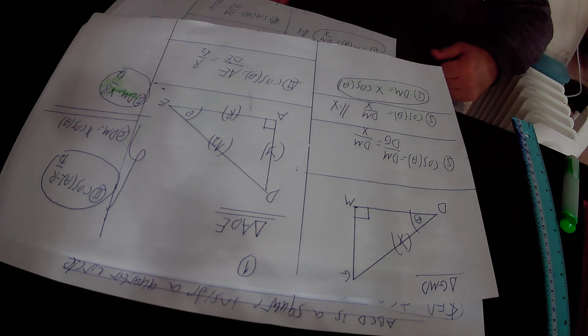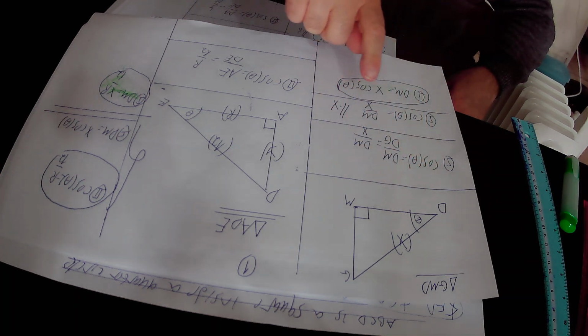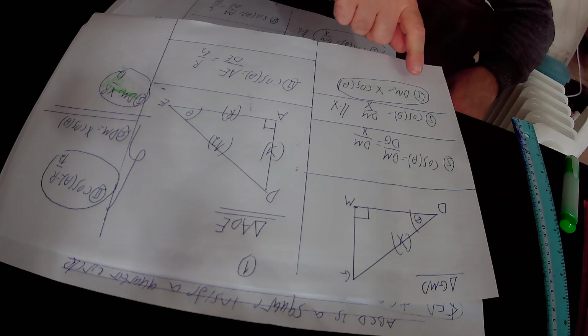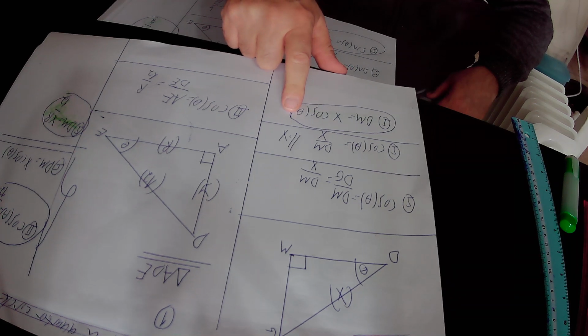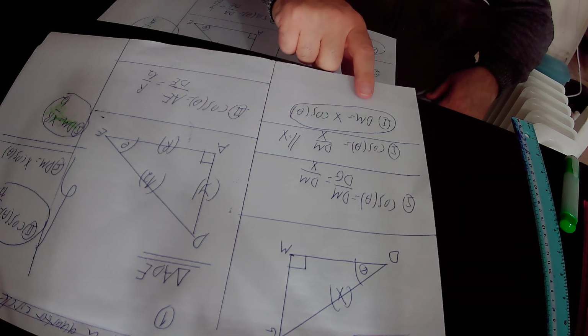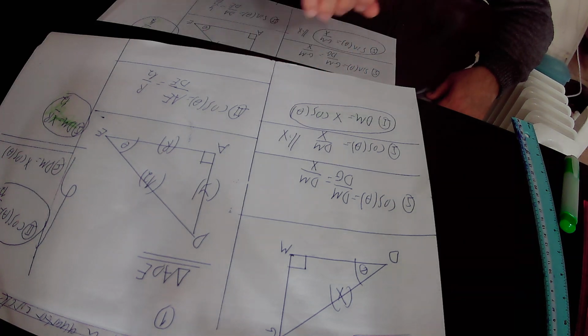DM is the missing side, so we leave it as it is, over DG. DG is x, therefore we substitute DG by x. So in total, cosine theta equals DM over x. Here we multiply this equation 1 by x, and finally find that DM equals x times cosine theta, according to equation 1.